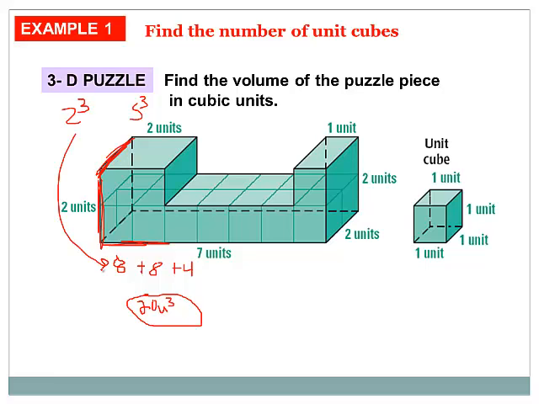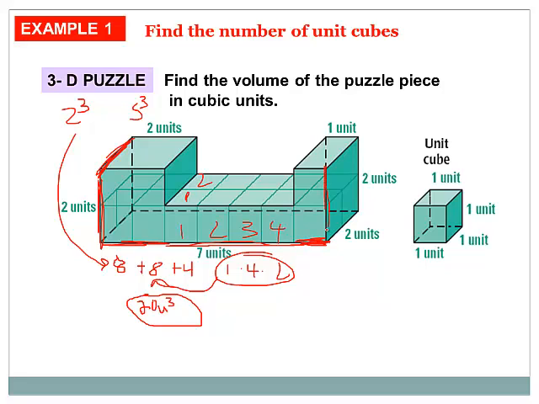Here you have a width here. The bottom part here is 1, 2, 3, 4. The thickness is 1, 2, and the height is also 1. So this would be a 1 times 4 times 2, which gives you 8. And here you have a length of just 1.